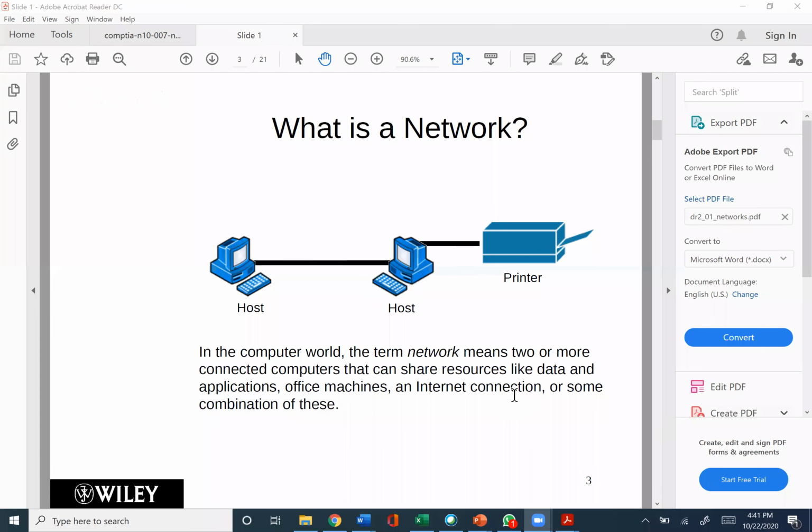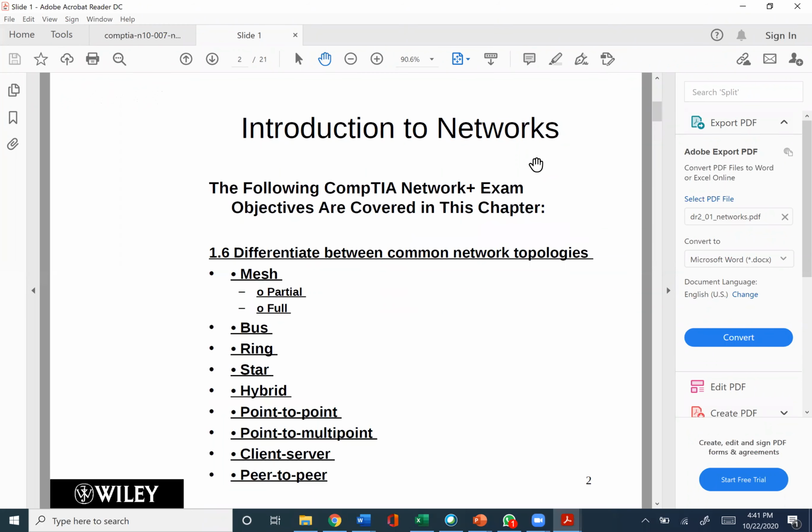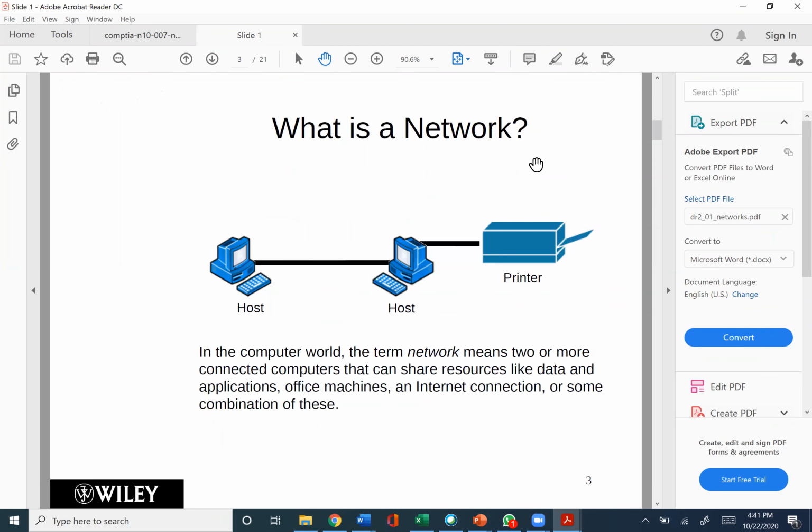All right, perfect. So this is the first chapter that we're gonna go over: introducing a network in general. A lot of the things we're gonna go over, we're just gonna be glancing through them because we kind of know what they are. So what is a network?